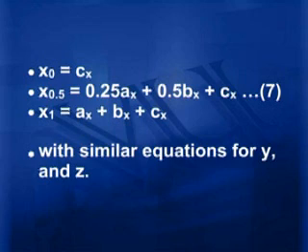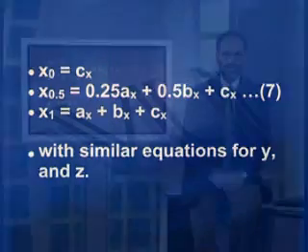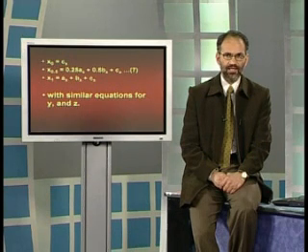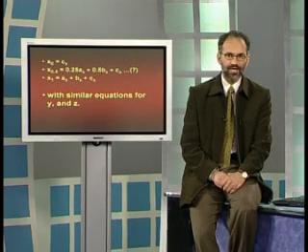And similarly, when we replace u with 1, we get x1 equal to ax plus bx plus cx. And we can have similar equations for y and z as well. Since we've already defined them in terms of u, we know what y of u and z of u now look like.